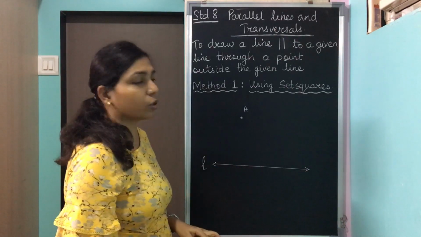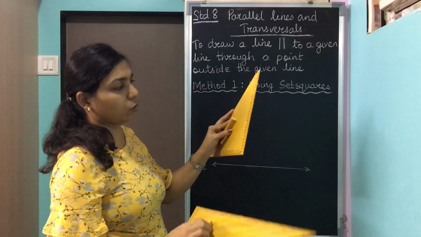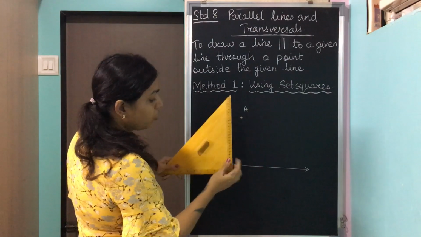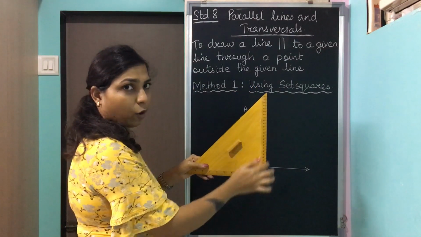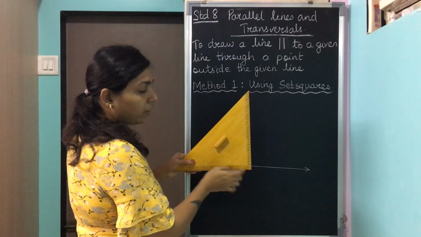Now, how do you do it? You take any one set square. It doesn't matter whether you take this one or this one. Any one set square you take first. You have to make sure that your right angle is formed in this way for the first set square. So, in this manner, your right angle is over here.